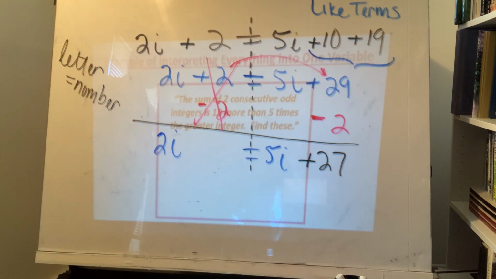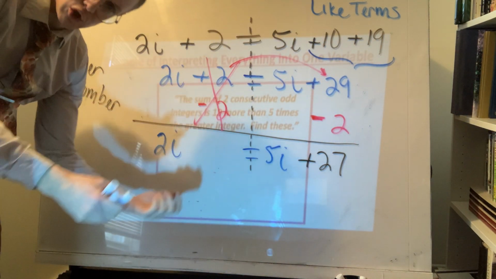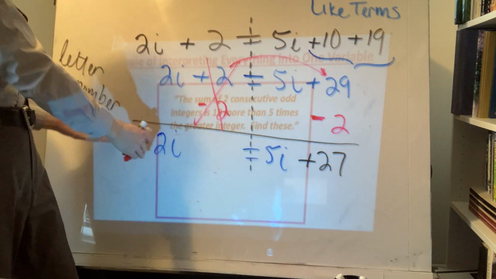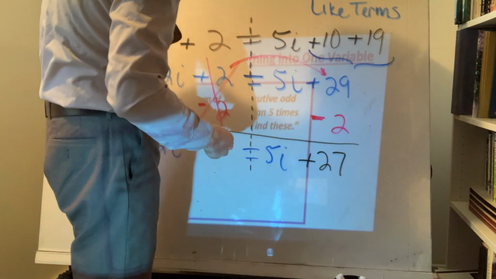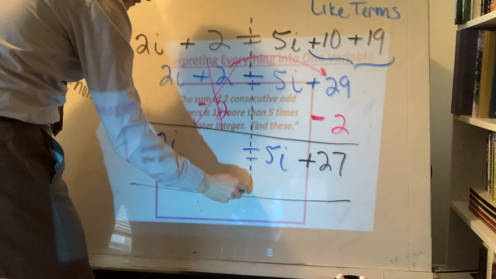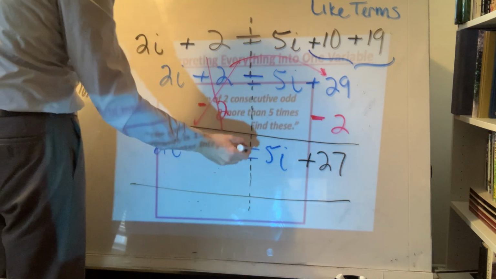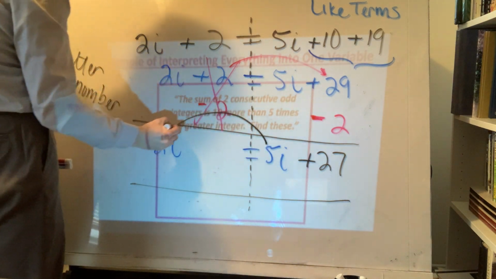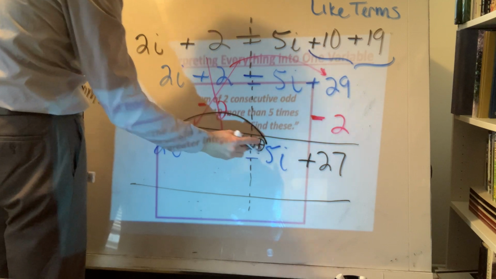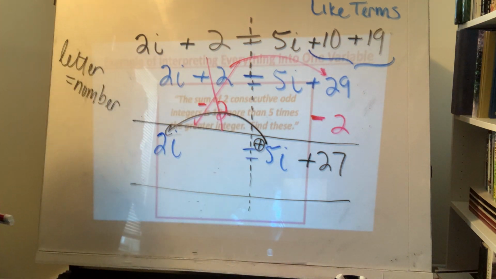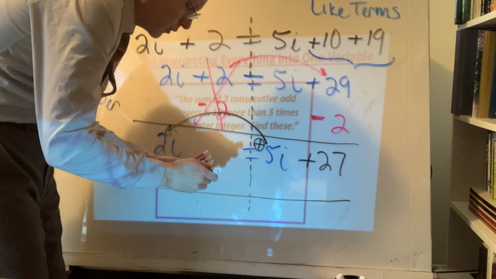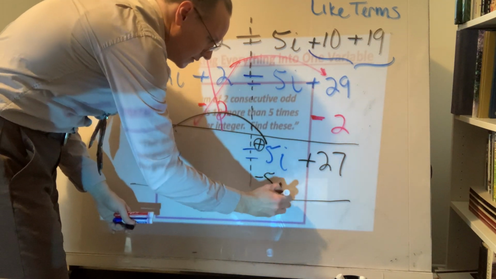Okay. Now, having made the executive decision that I like numbers purely on the right, I have no choice. I really have to bring the I's over here. So I'm going to continue. Again, in order to justify moving this from here to there, I'm going to acknowledge that this is a positive if it's not written. So therefore, to justify moving the whole chunk, I'm going to subtract 5I.